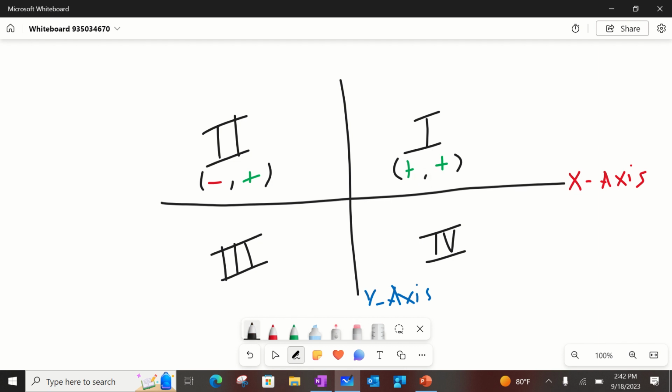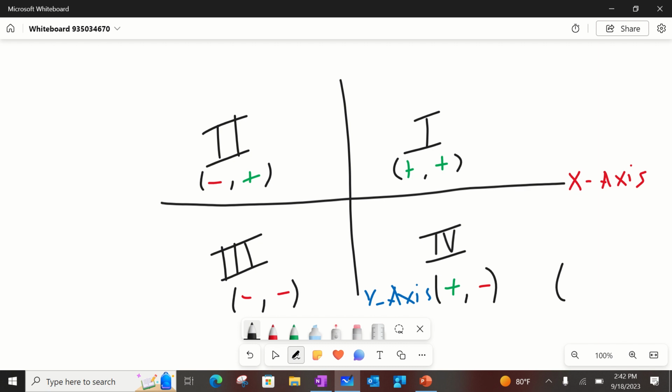Quadrant 3 will be negative, negative. And quadrant 4 will be positive, negative. So again, that represents what the ordered pair would be.